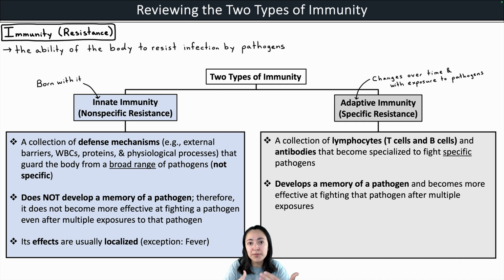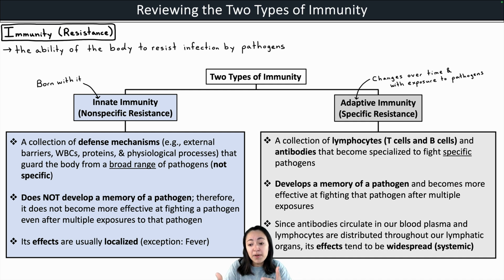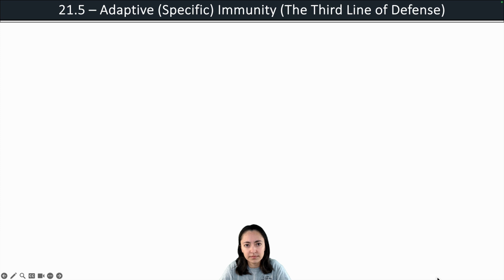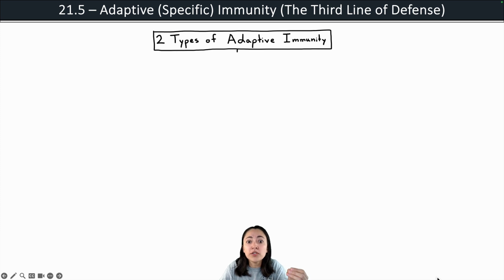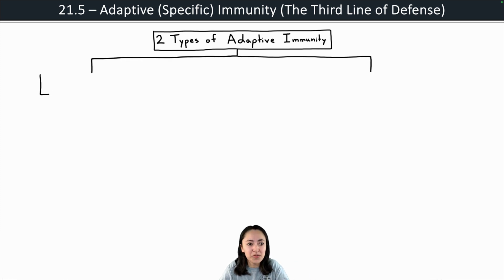So it adapts over time. Since antibodies circulate in our blood plasma and lymphocytes are distributed throughout our lymphatic organs, such as in our lymph nodes as well as our mucous membranes, the effects of our adaptive immunity tend to be more widespread, or in other words, systemic.